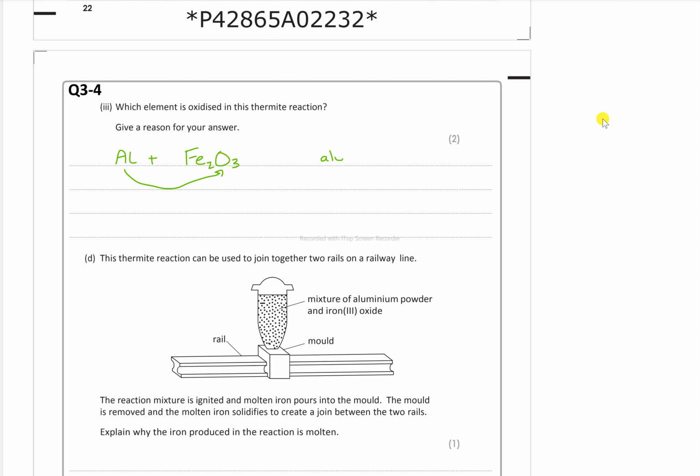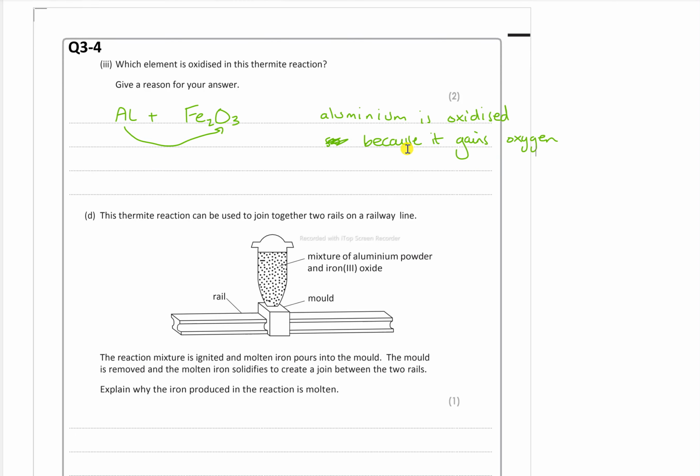So aluminium is oxidized. Why do we say it's being oxidized? Because it gains oxygen. There you go.